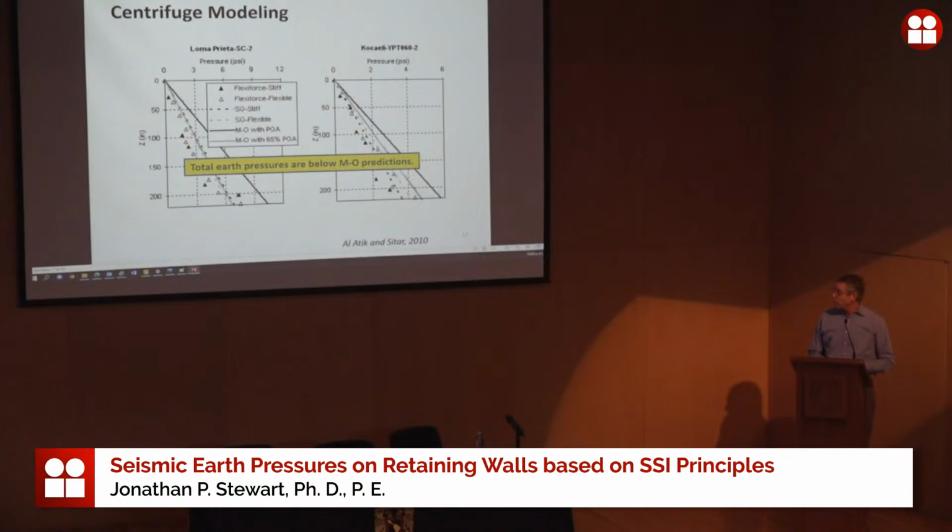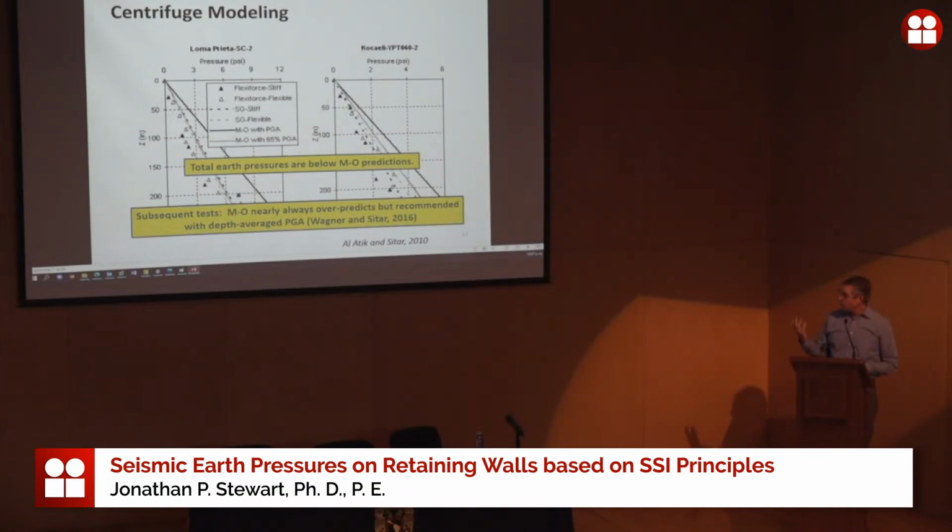So the main takeaways are the total earth pressures that we see in these tests are consistently below Mononobe Okabe. The other tests at Boulder and the other tests that Nick Sitar did with subsequent students all showed that, so it's very consistent. Mononobe Okabe always overpredicts, but one of the most recent recommendations is, well, if you take a depth averaged PGA instead of the PGA at the surface, maybe that does a better job.